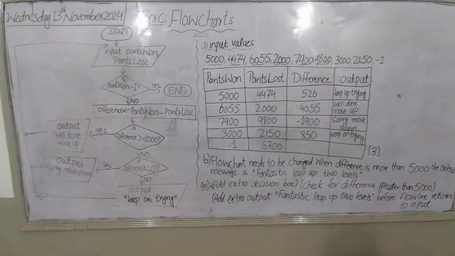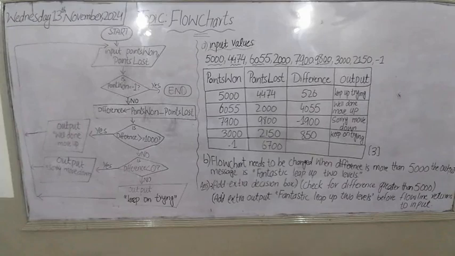After the subtraction step, let's move to the next condition. Is difference greater or equal to 1000? No, the value in the variable difference is neither equal nor greater than 1000. So let's move to the next step: is difference lesser than 0? Yes, the value stored in the variable difference is lesser than 0 because the value is negative.